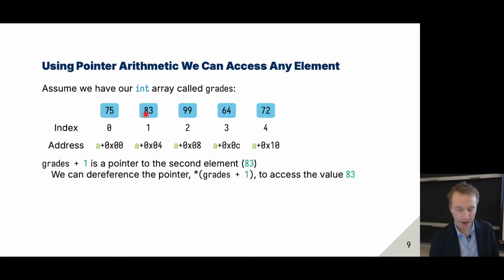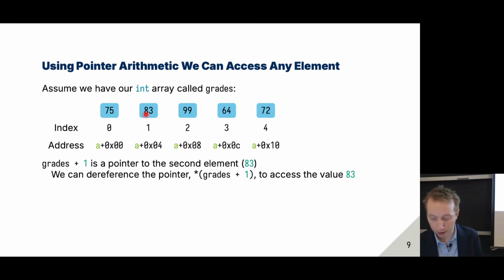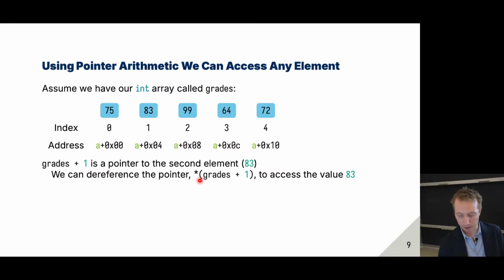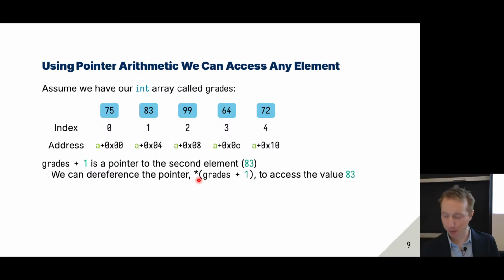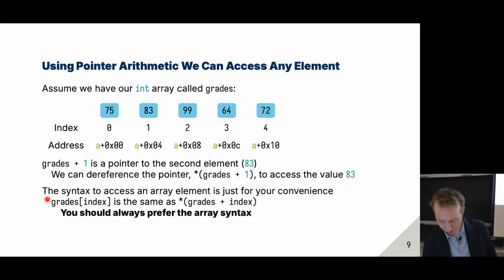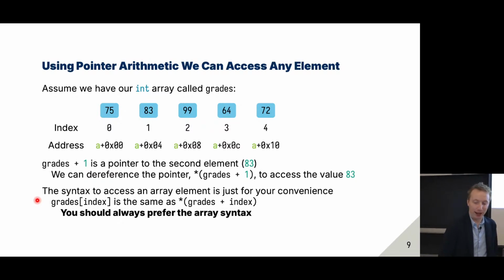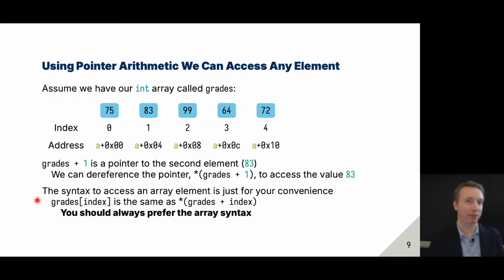And then if we want to get the value at that address, we would do grades plus 1 and then dereference all of that, and we would get the value 83. So does this look familiar to an array index at all? Should look pretty familiar. It turns out that the syntax for accessing a value of an array is just for your convenience.